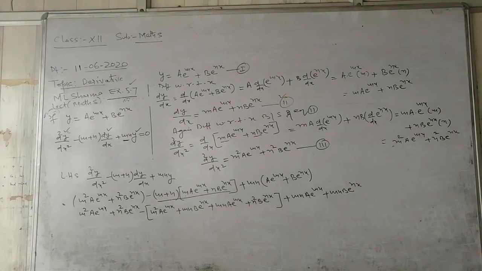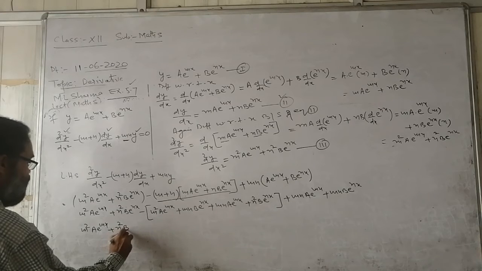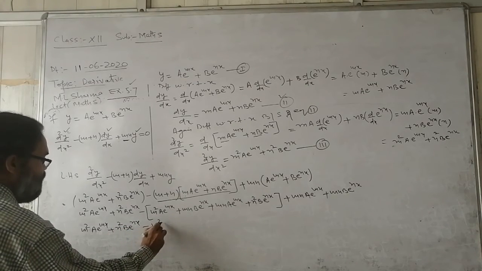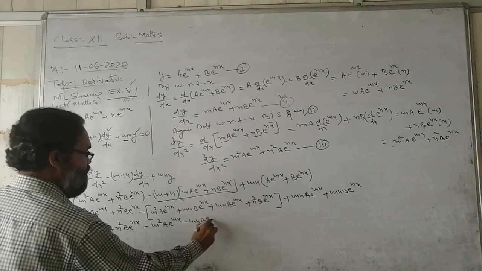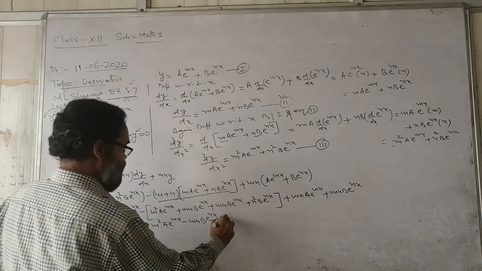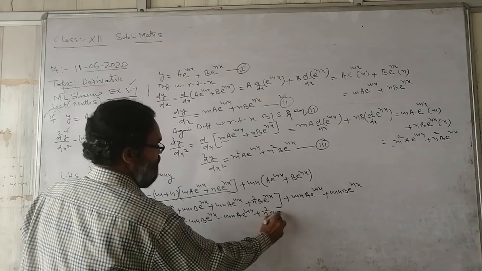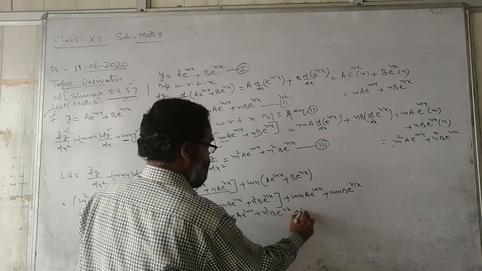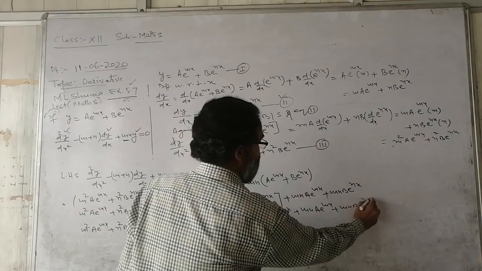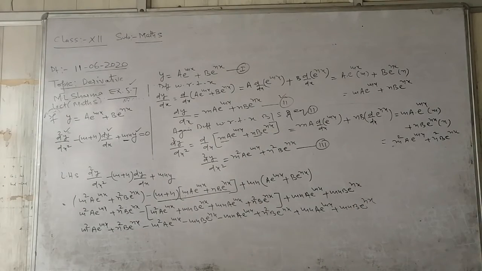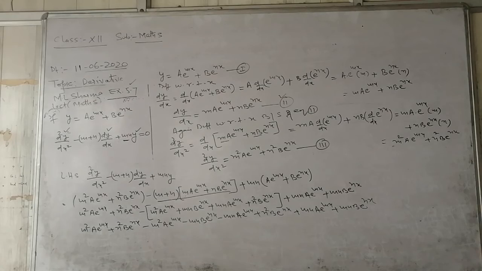So these are the total 8 terms I have: m square a e^(mx), n square b e^(nx), minus m square a e^(mx), minus mn b e^(nx), minus mn a e^(mx), minus n square b e^(nx), and the last 2 terms mn a e^(mx) and mn b e^(nx). 1, 2, 3, 4, 5, 6, 7 and 8. So after simplification I have 8 terms.